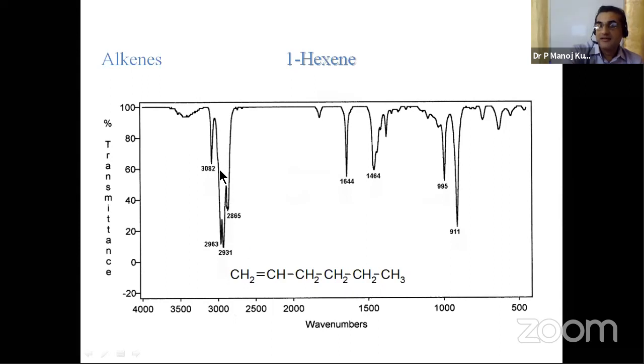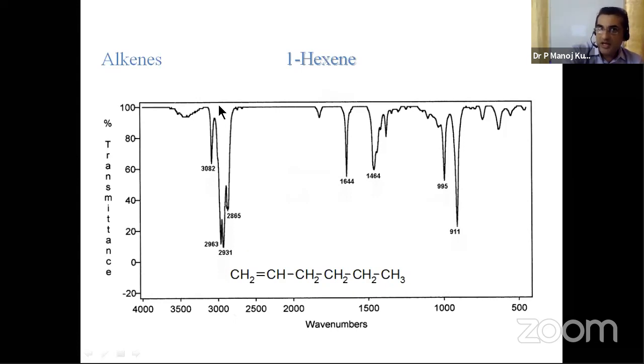Alkene, CH stretching vibration. Already we mentioned CH stretching vibration, it will come above 3000. Above 3000. You remember the base values? What was the base value for an OH? 3000. In case of an alkene, it will be coming above 3000. Please have this in mind, very important information.